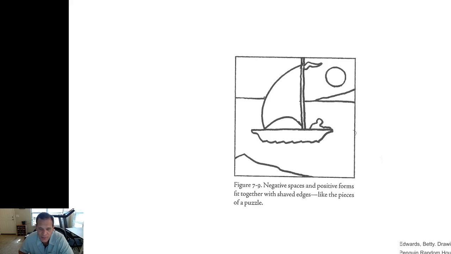There's 2 sides to the edge. You see the sun up there is a circle, and that has the inside edge of the sun, but it also has the outside edge going into the sky. So you want to look at how edges share space. So again, that sail on the boat, it's got a shared edge.